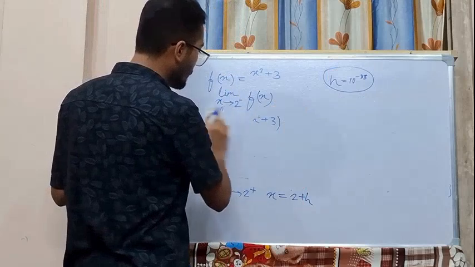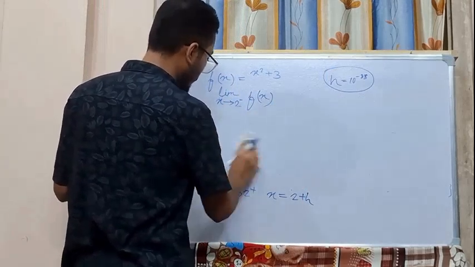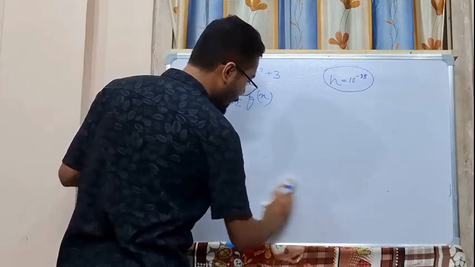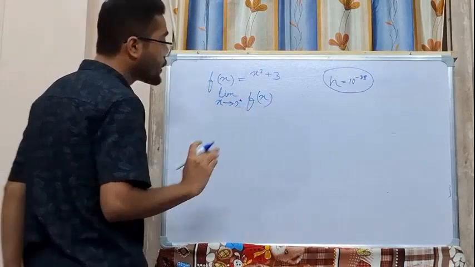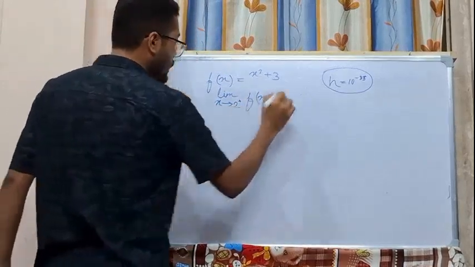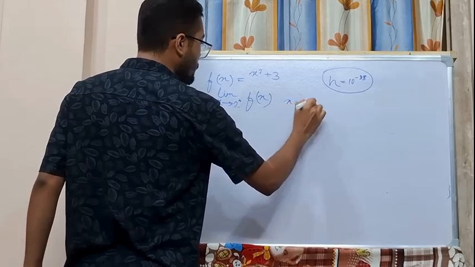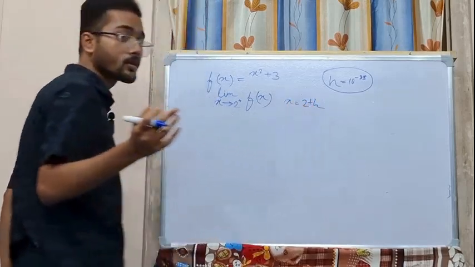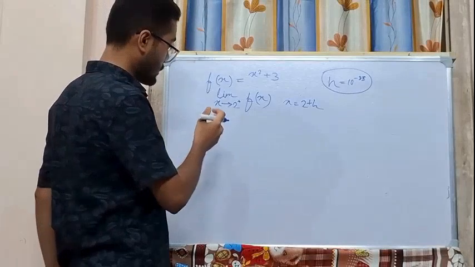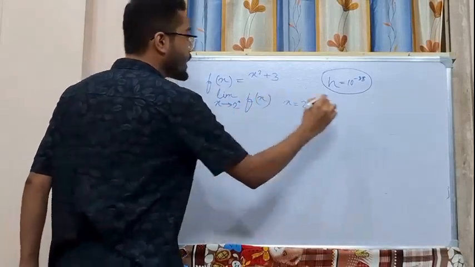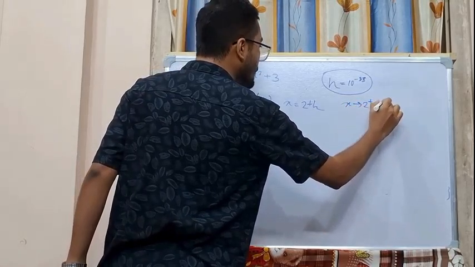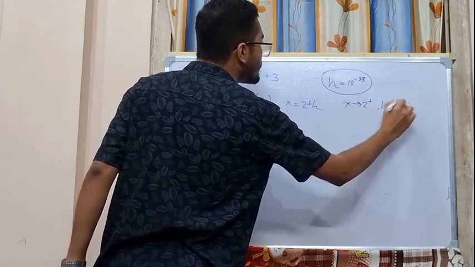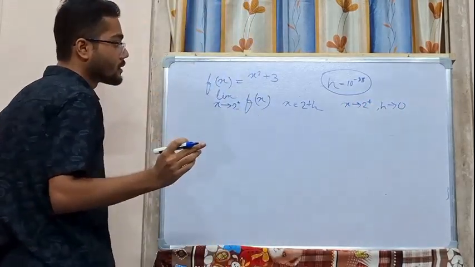Now what will be the value of f(x) when x is approaching 2 plus? We have considered x as 2 plus h. We have seen that when x tends to 2 plus, then h will tend to 0, right?